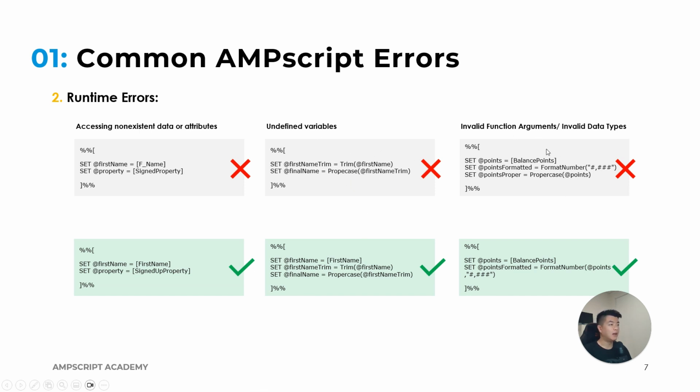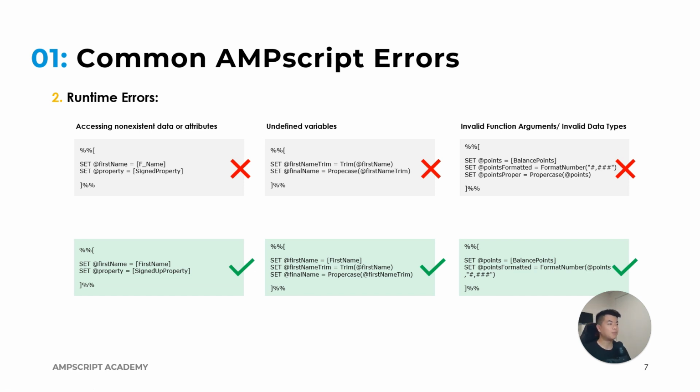So this is one of the common mistakes as well. And finally, invalid function arguments and invalid data types. So for example, when we use the format number function, there's two components, right, in the format number function. The first component being the variable that you want to reformat. The second component being the output that you want to reformat it to. So if you use the format number function and you forget that it includes two components, that will error out, right?